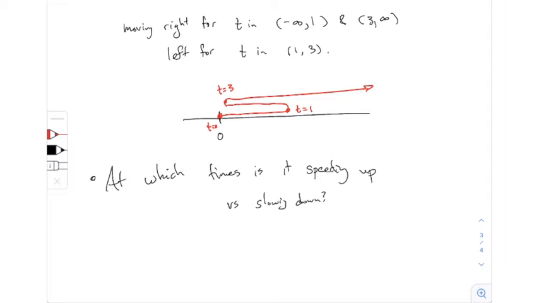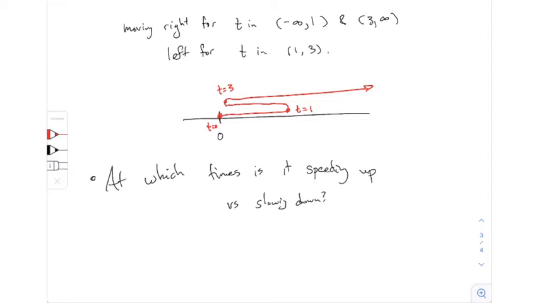So this is kind of like moving left, right, but it's about speeding up or slowing down. Like I said before, unfortunately, this is not just a matter of telling when the acceleration is positive versus negative. You might feel like acceleration positive means it's speeding up, acceleration negative means it's slowing down, but that's not quite right, because acceleration positive means it's accelerating in the rightwards direction. But that could mean it's speeding up, or could also mean it's slowing down.